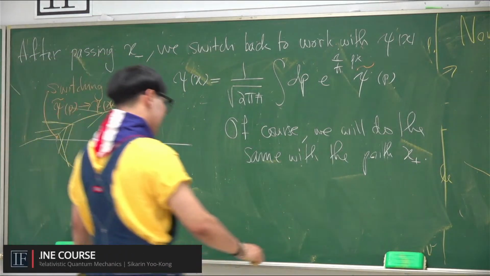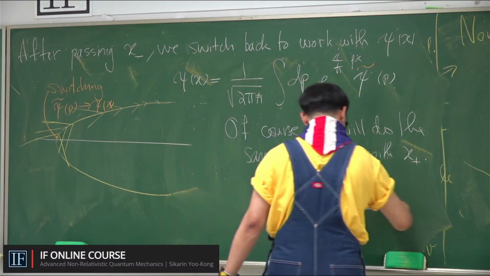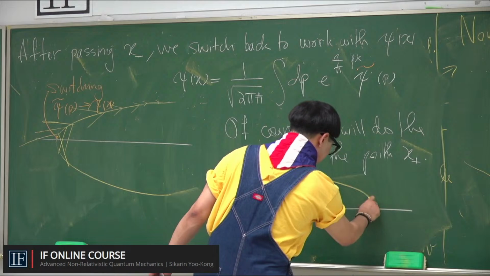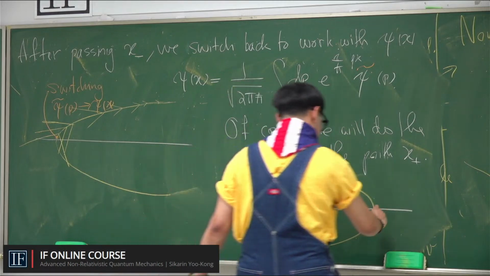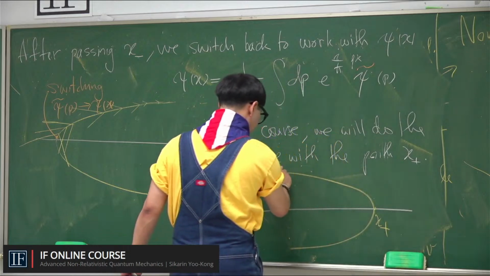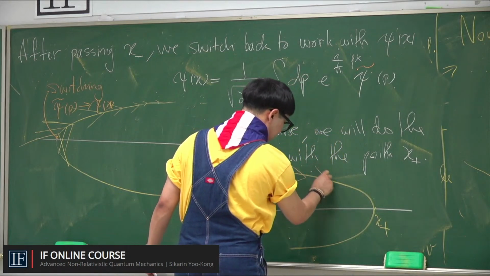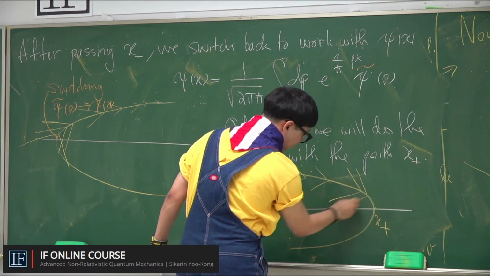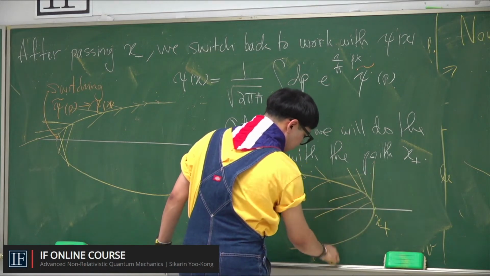It means that in the case of x plus, you will get this kind of trajectory here, right? This is x plus. So you move along this line and get very close to it.